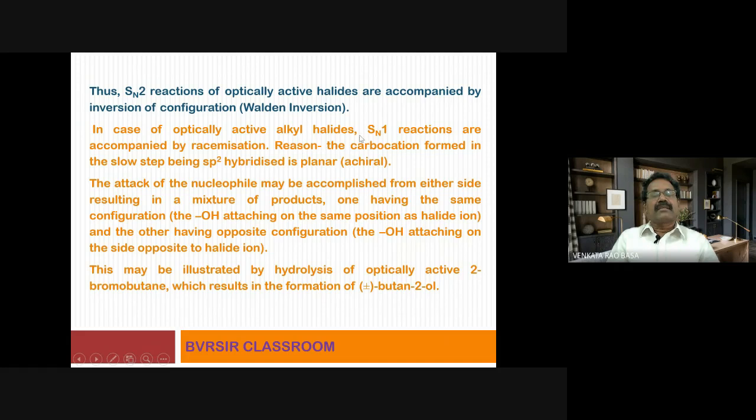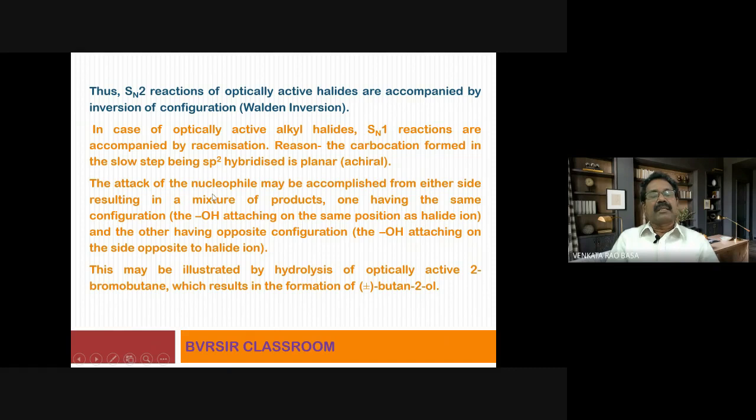In the case of SN1 reactions, what happens? SN1 reactions are completed in two stages. In the first stage, a carbonium ion or carbocation is formed as the intermediate. It has an sp2 hybridized carbon, which is planar, that is achiral.